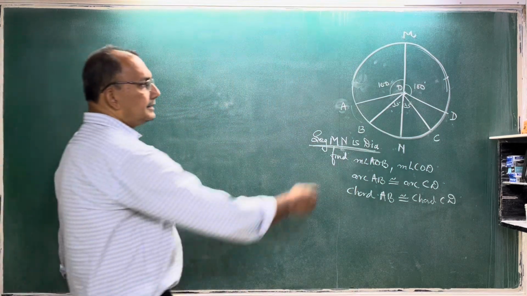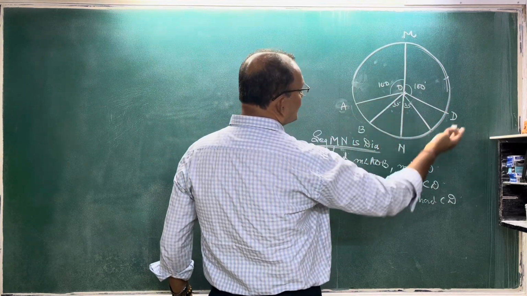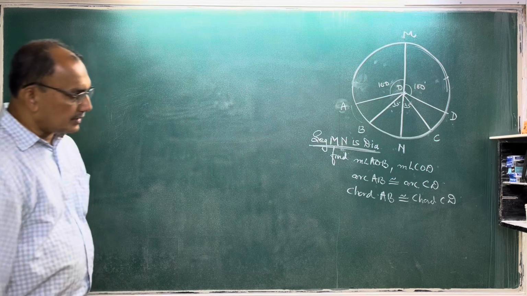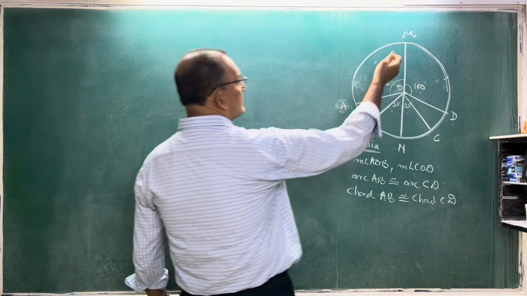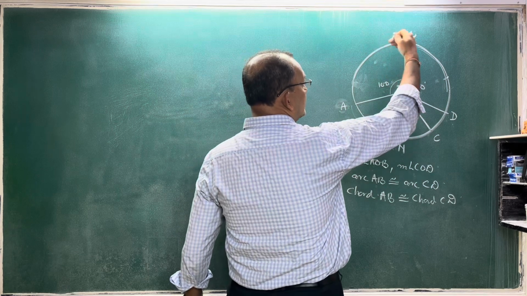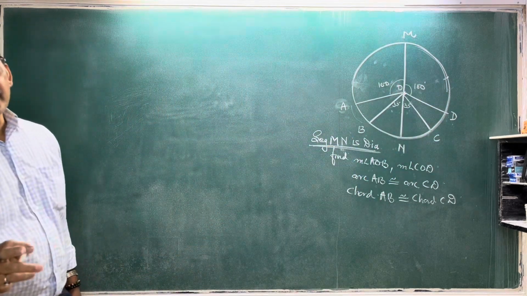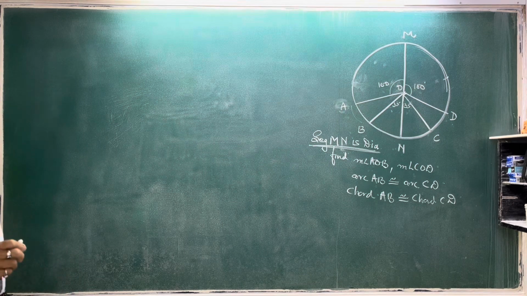If MN is a diameter, diameter breaks the circle into two semicircles. Is it right? So we have one semicircle here, MAN. The other semicircle is MDN. And you might be knowing the measure of semicircle is 180 degrees.